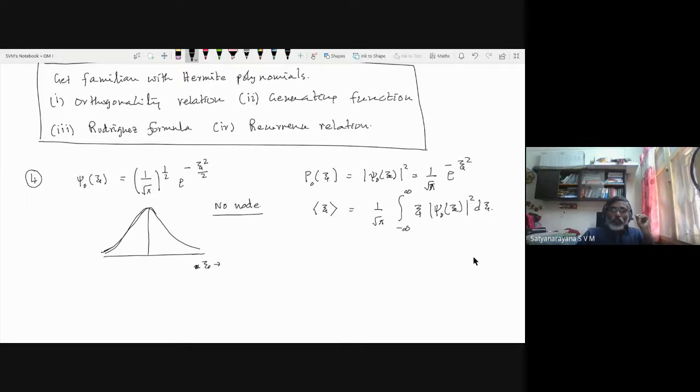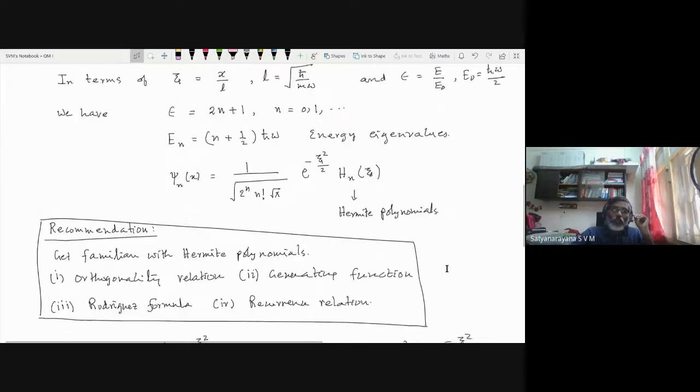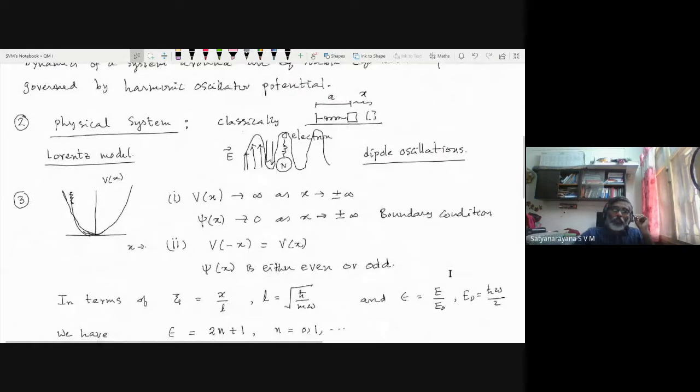But note that we can ask the following question: for any psi n of xi, the expectation value of xi is equal to the integral from minus infinity to infinity of xi times the mod square of psi n. You know the answer. We discussed this with respect to a dagger in the last class. But now notice that, from our previous discussion about the potential, you know that psi of x is either even or odd.